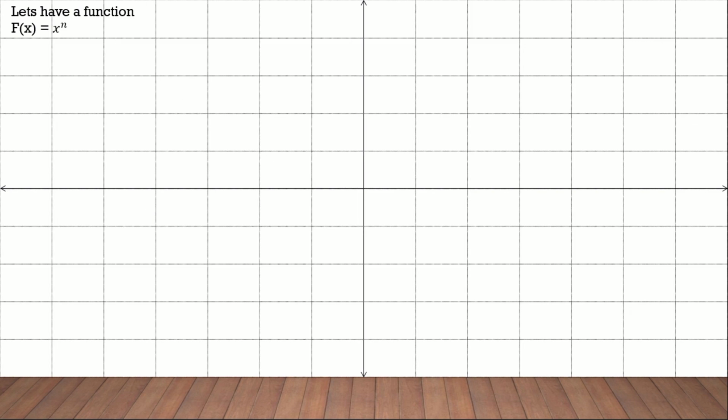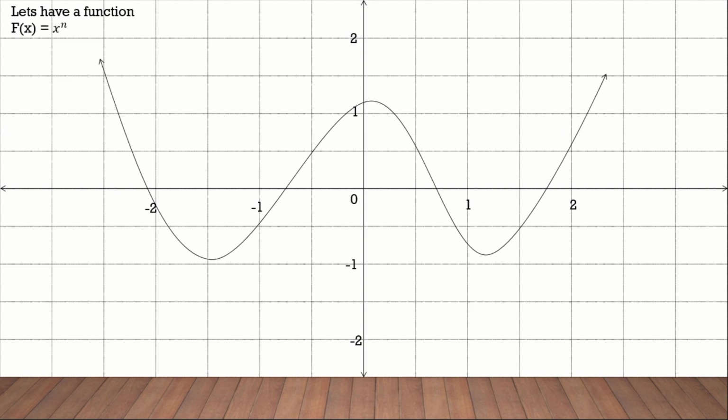And you have a polynomial function, right, where x is to the power n. It could be 3, 4, 5, 6, and so on and so forth. And you will have this type of graph, and it will continue going and going. For every value of x that you plug in, it will always be valid. It will not have any point within the function where it is undefined.